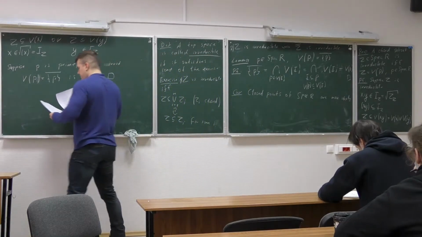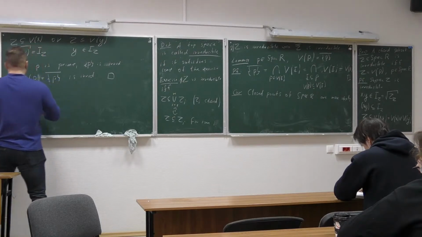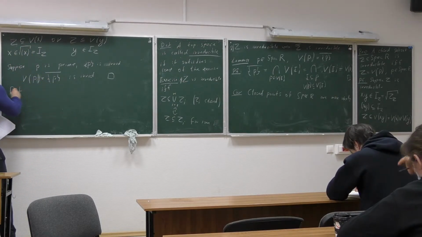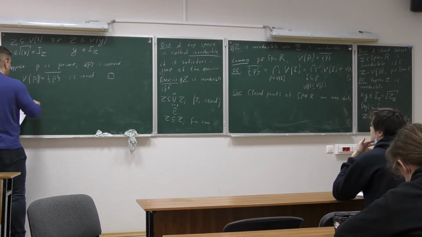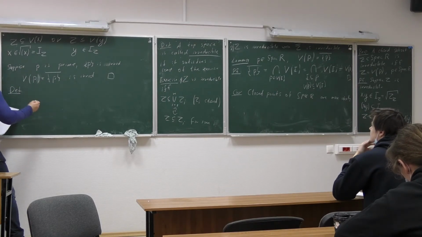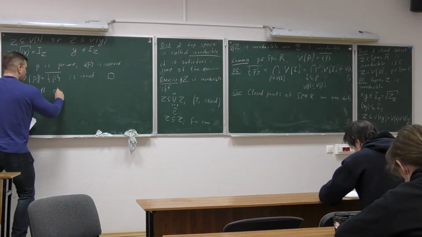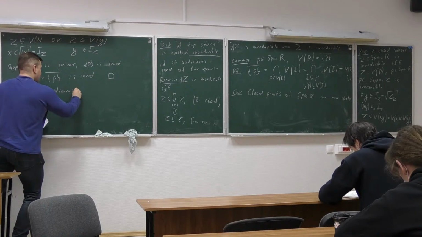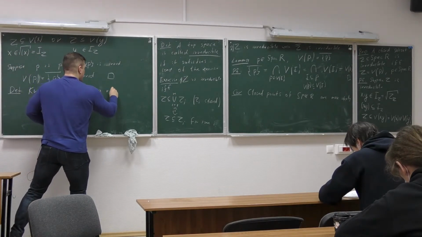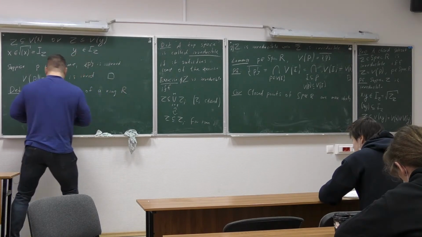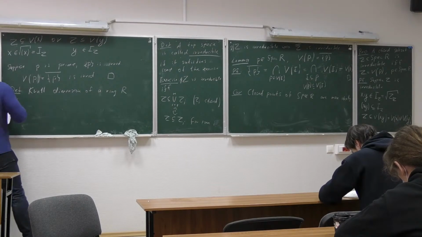Okay, so this was the last proposition, and I want to finish with a definition. I just don't have a better place to put this definition, and this has to be in the beginning of the course, because I'm going to use this again as convenient notation later. So the Krull dimension of a ring R is the following thing.